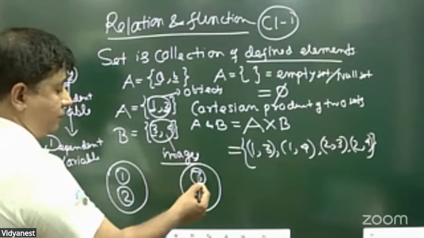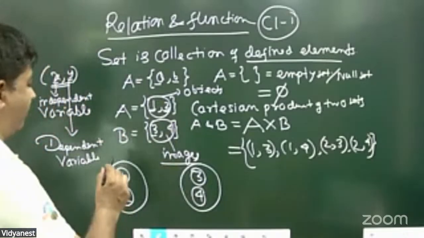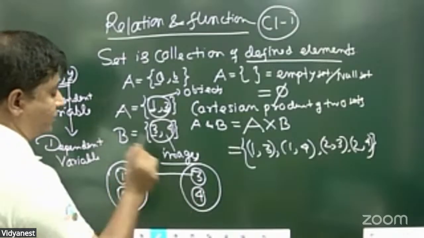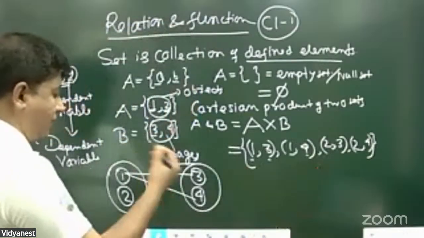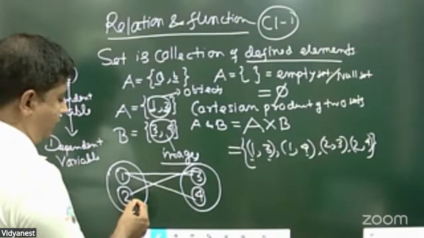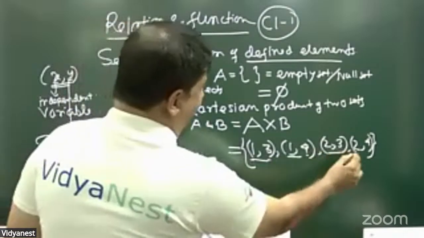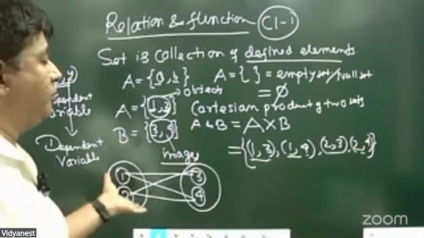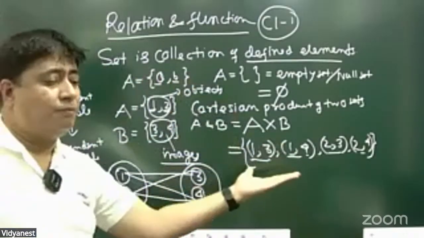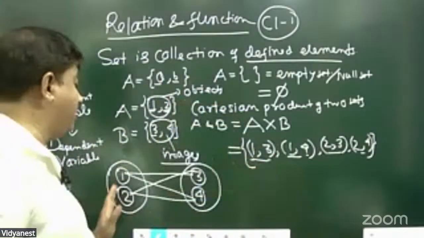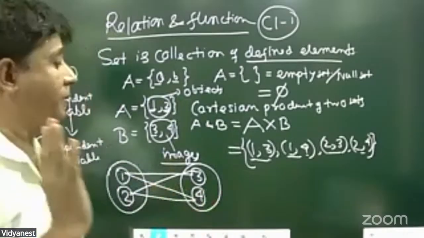Son is studying engineering, daughter is studying medical, suppose. Now, one day, father has called son and daughter. The next day, mother has called son, then daughter. So how many pairs can we form in this way? 1, 3, 1, 4, 2, 3, 2, 4. So if you match that example with your daily life routine, then the thing becomes so simple.